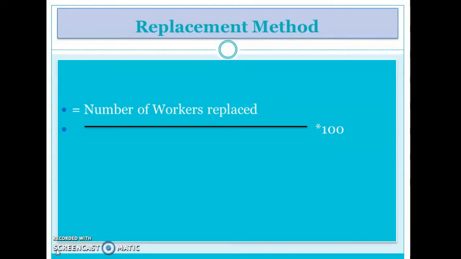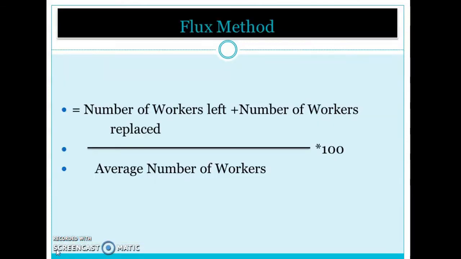Here the formula is number of workers replaced divided by average number of workers, into 100. The third one is flux method. The formula for flux method is number of workers left plus number of workers replaced divided by average number of workers, into 100.